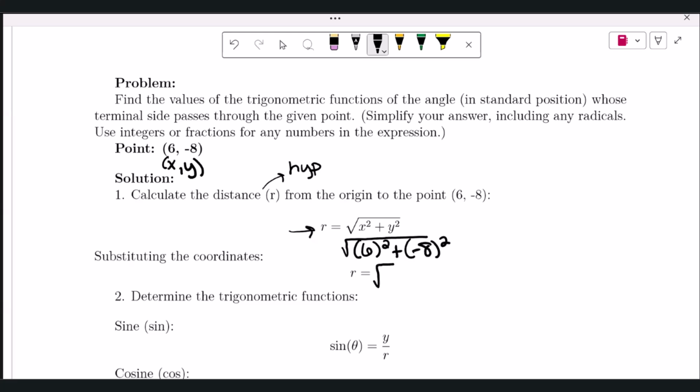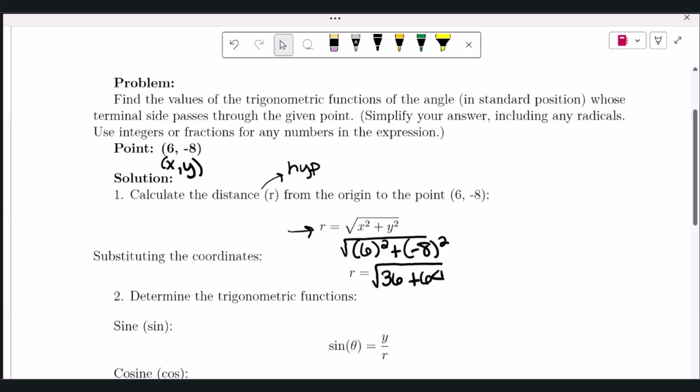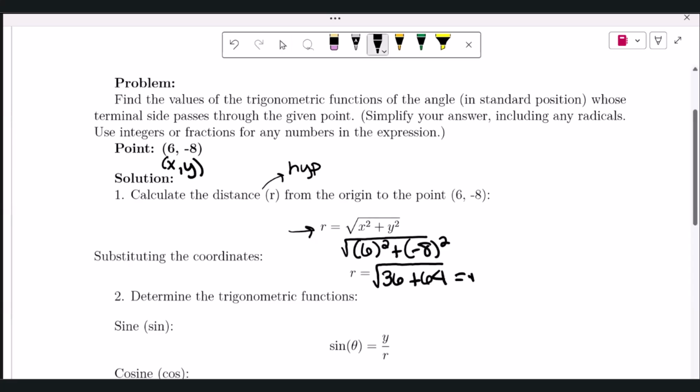That gives us the square root of 6 squared is 36, plus -8 squared is 64. That is going to give us the square root of 100, and hopefully you remember the square root of 100 is 10. So that's our r. Now all we have to do is determine the trigonometric functions.